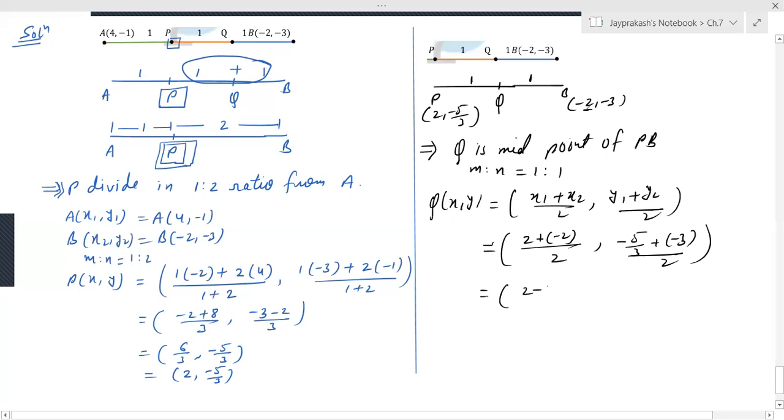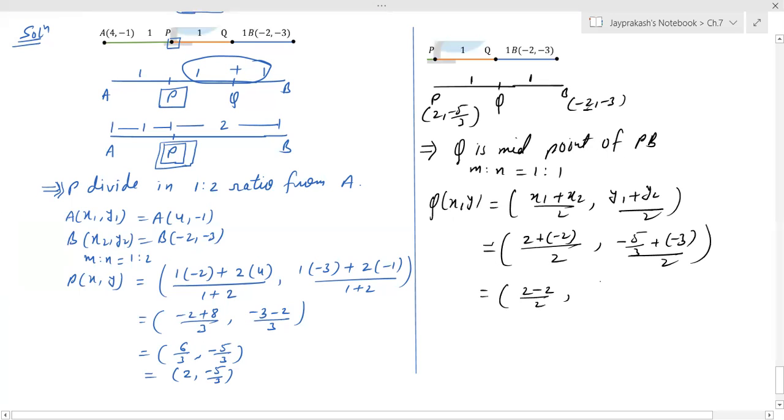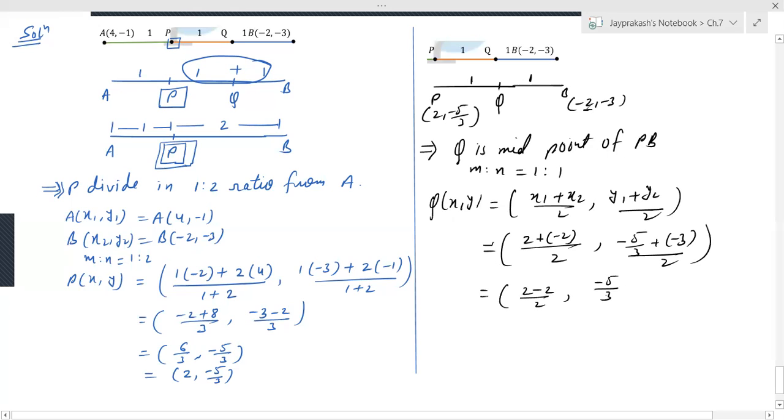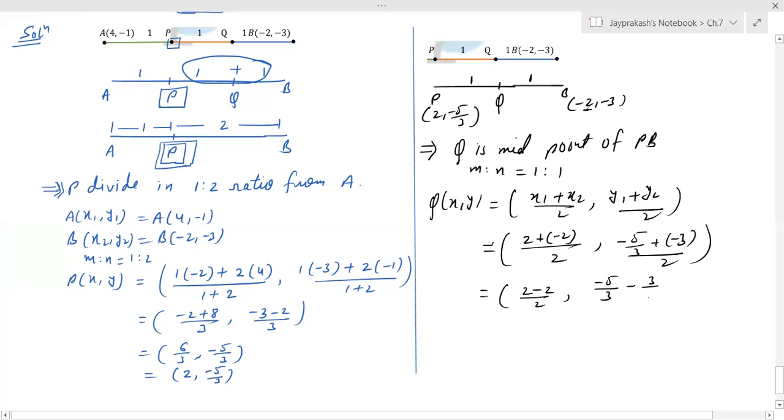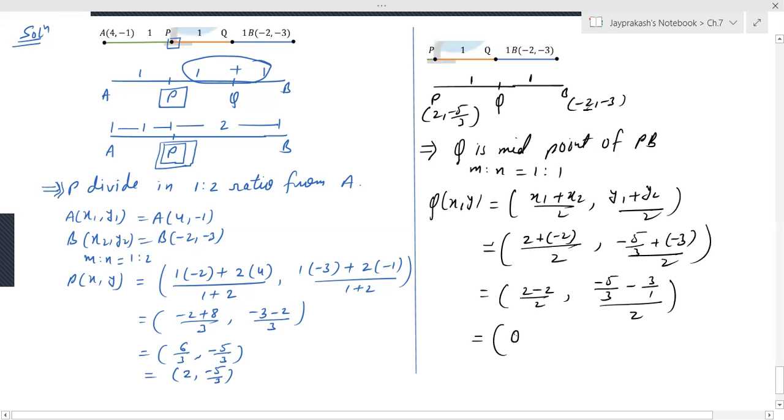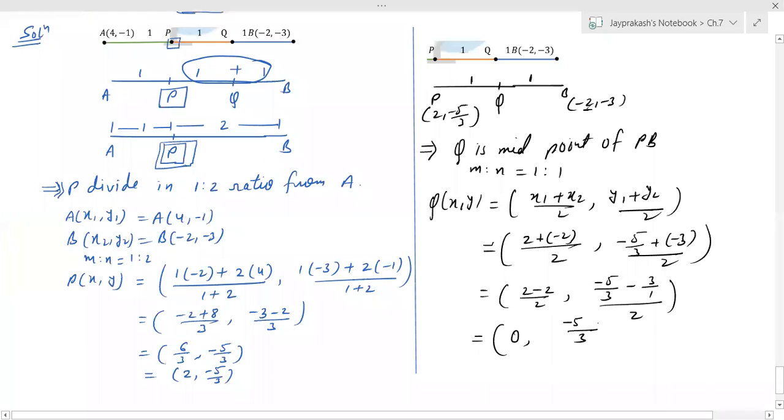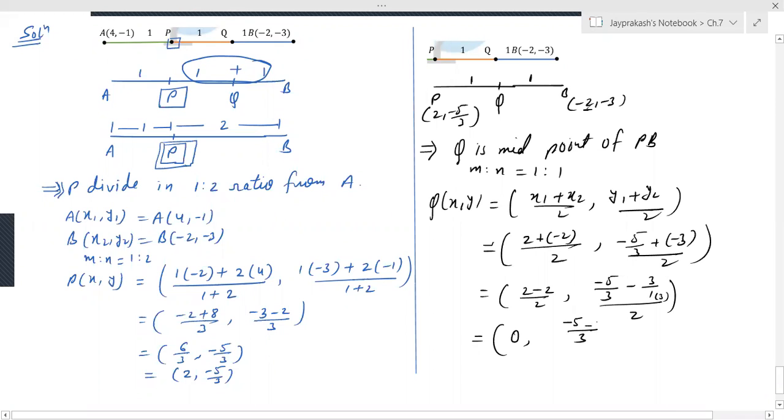So this first coordinate will be 2 minus 2 by 2. And in this one, we have to take the LCM. Minus 5 by 3 minus 3 by 1 and the whole divided by 2. So the first part is 0, and the second, the LCM is 3: minus 5 and this side 1 3s are, so 3 3s are 9.